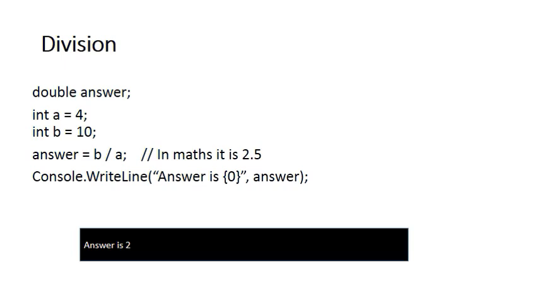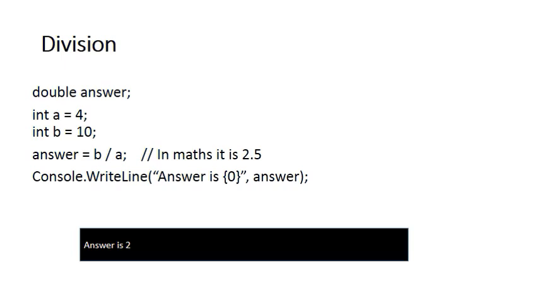Notice what I've done here, which is something that could confuse you. I've made the answer variable a double, so that means the answer variable can now take decimals or fractions. I know that 10 divided by 4 is 2.5 in mathematics. I'm assigning that value to a double variable that can take decimals.